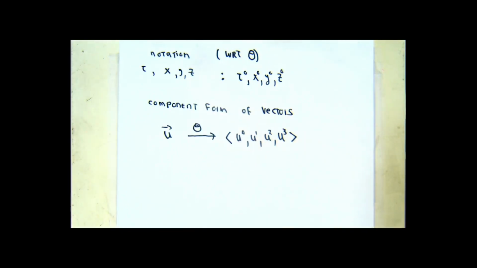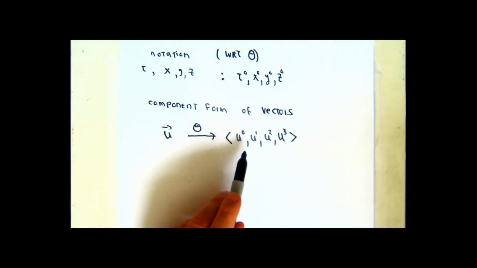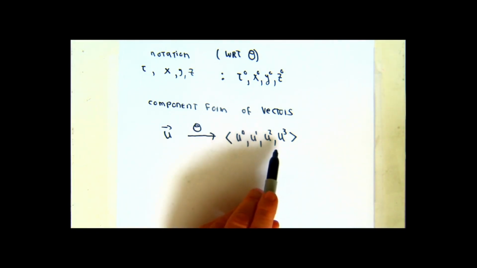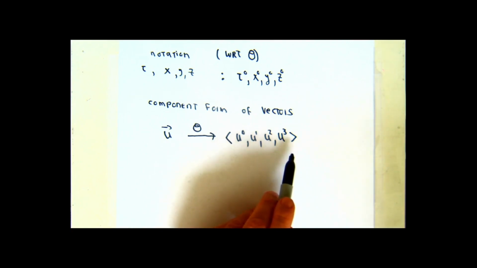If we set up an inertial frame, O, and we have an arrow of space-time, we can measure the difference between the ending O coordinates and the beginning O coordinates of the vector u. I'll call the resulting numbers u0, u1, u2, and u3.